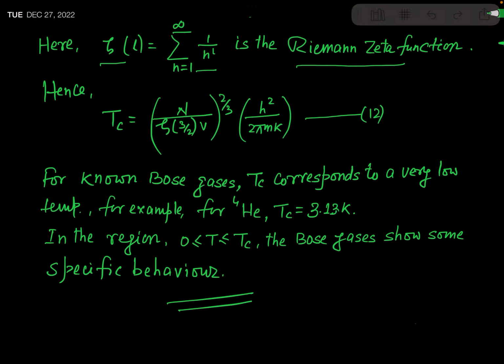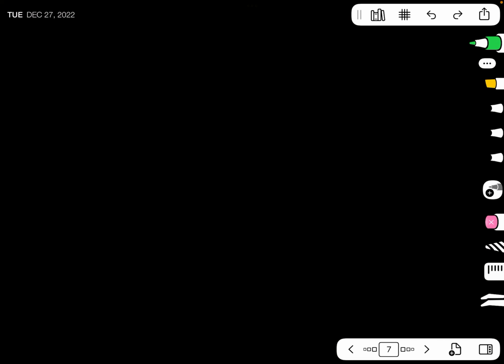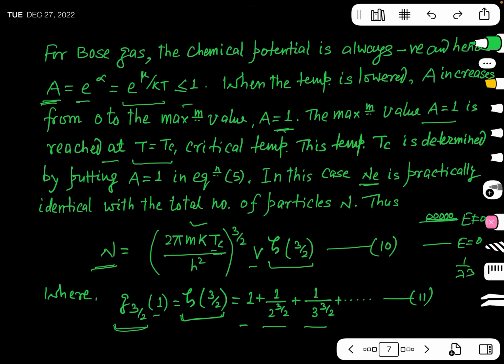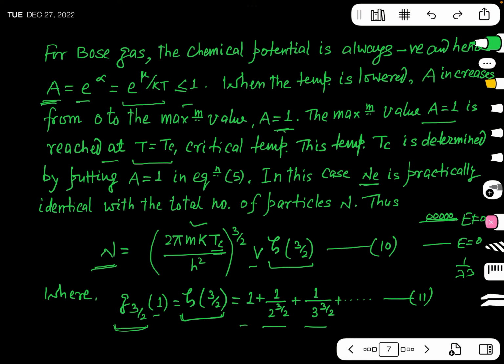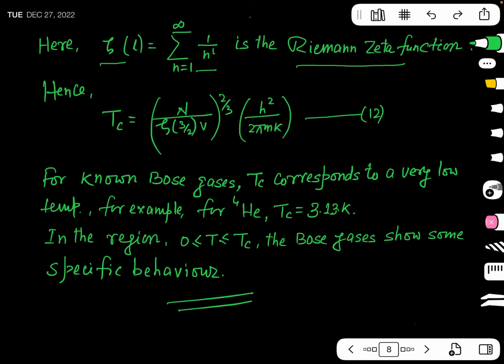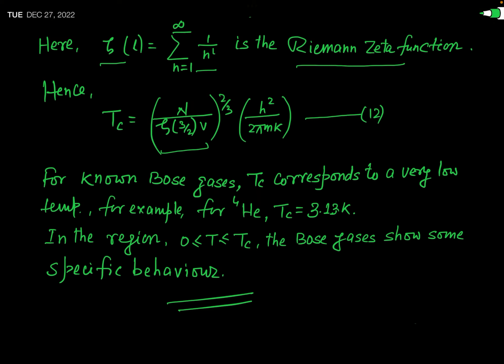And from this result, if your aim is to find this Tc, the algebra is simple. You can see that this Tc will be equal to (n over zeta 3 by 2 times V) whole to the power 2 by 3 times h square by 2 pi mk. This is actually the value of critical temperature.